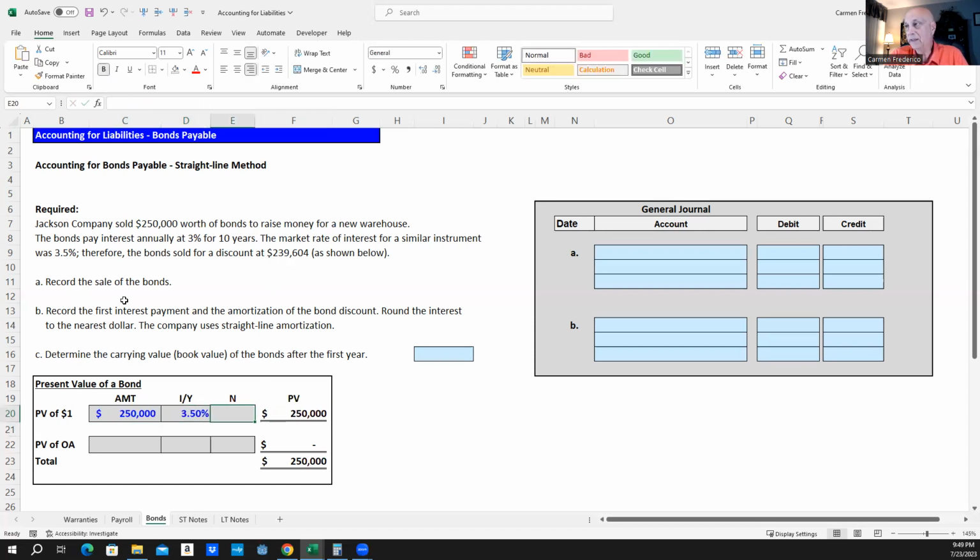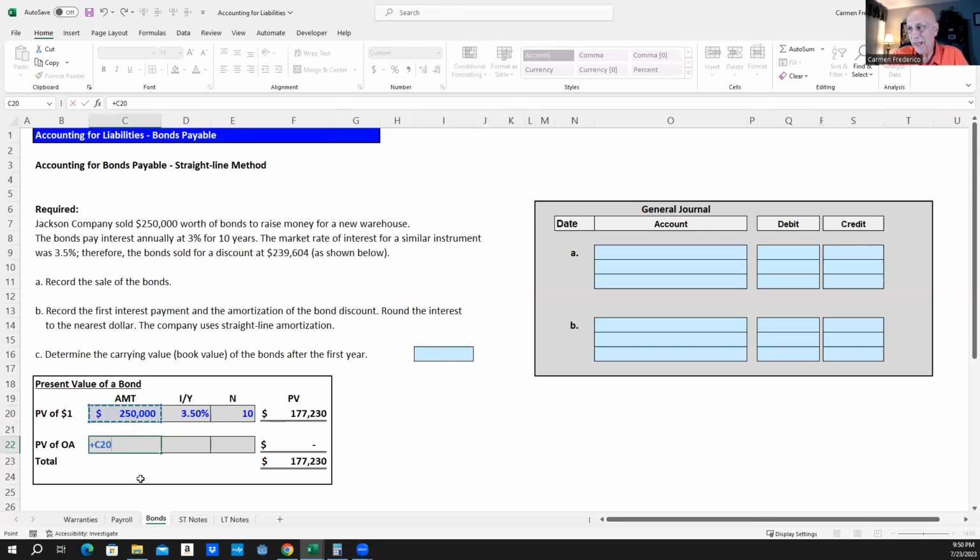Okay, and the term is 10 years. So the present value of $250,000 that we have to wait 10 years to get is worth $177,230 because of the time value of money, based upon a 3.5% discount rate, the market rate. You always use the market rate when you present value these instruments. Then you have the present value of the ordinary annuity, which is the interest payment.